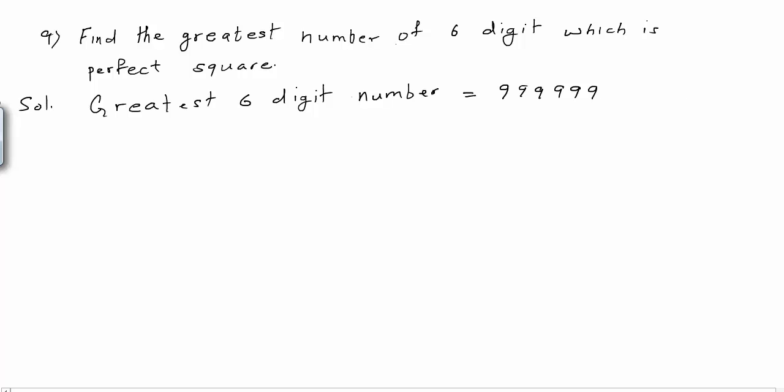Now either this number is going to be a perfect square number, or there will be a number smaller than this number which is a perfect square number. So that will be the greatest 6-digit perfect square. So again, long division method. By using long division method, we find the square root.